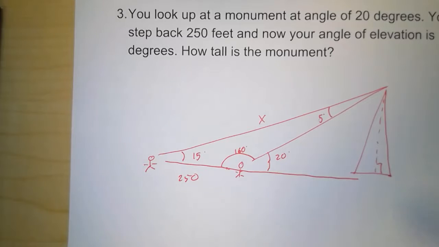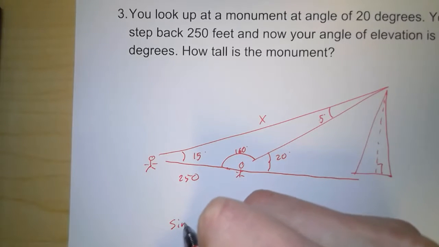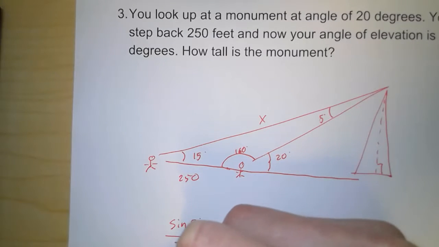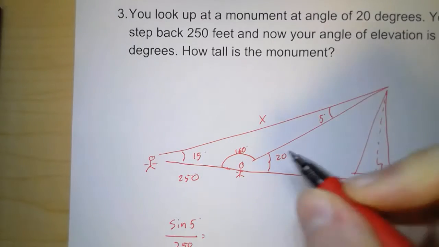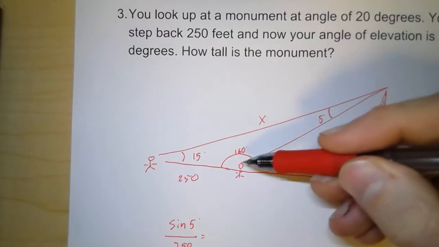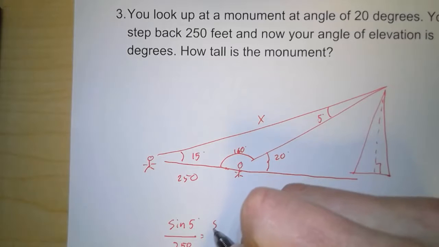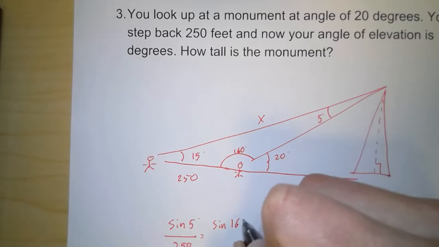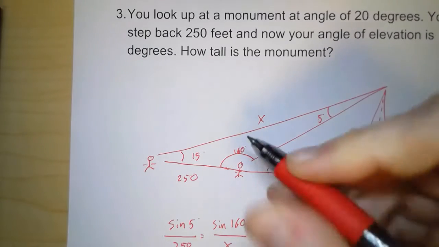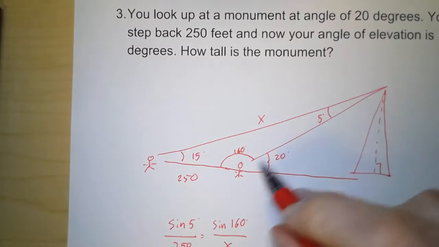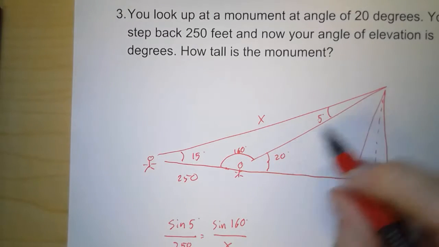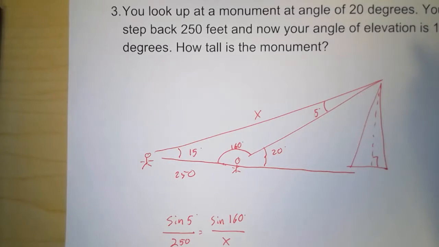So to set up law of sines, we know sine of 5 degrees over 250. Now let's see, x is opposite this angle, 160 degrees. So I'll write sine of 160 degrees over x. Now I'm not going to write the third one because that would have us find this third side. Don't need it. You'll see why.